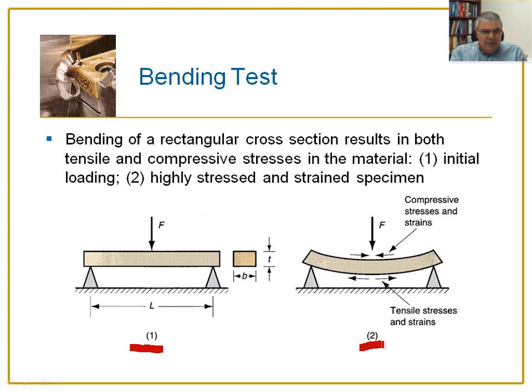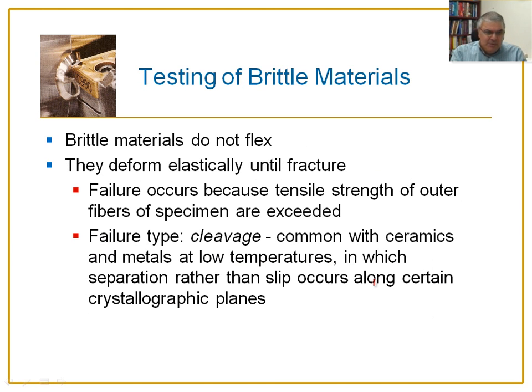Remember, by taking the material through the bending test, we can simultaneously have high compressive stresses and strain on the top extreme fiber of the material, while the bottom extreme fiber of the material is subjected to tensile stresses and strains at the same time. So it's very important to realize the bending test would be very useful in those cases.